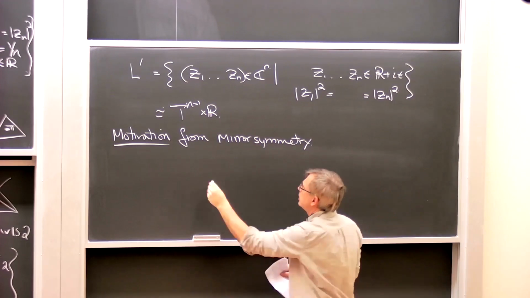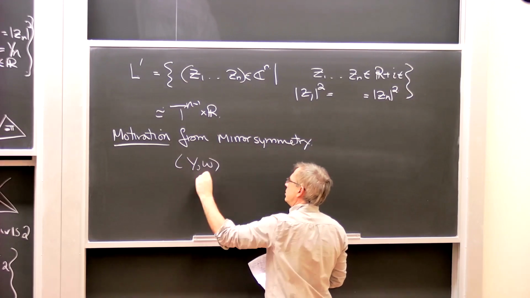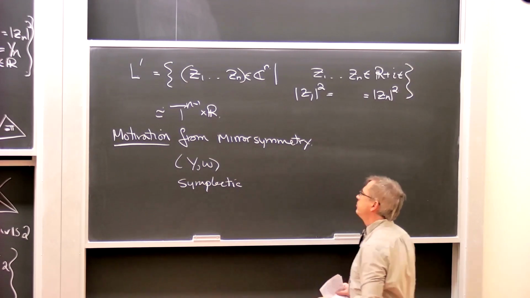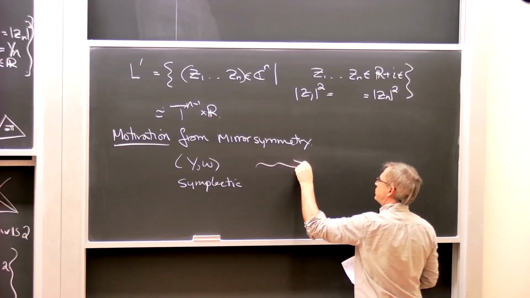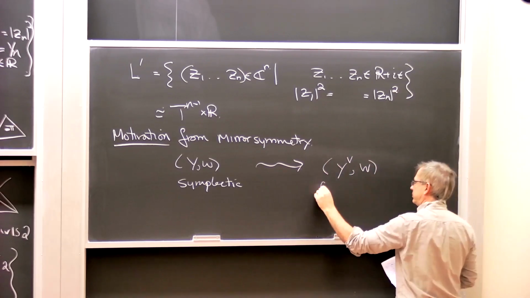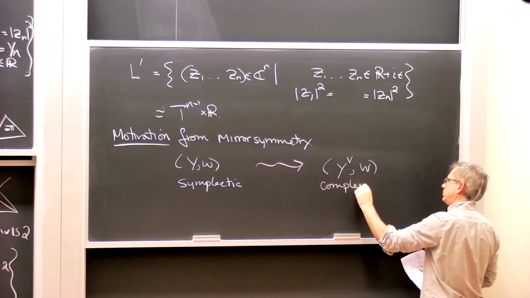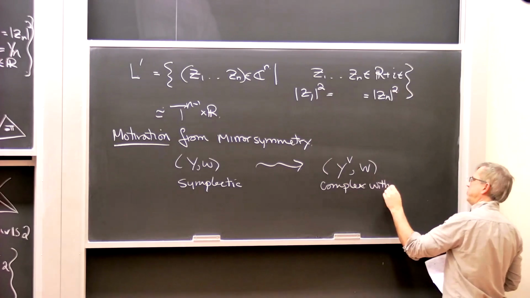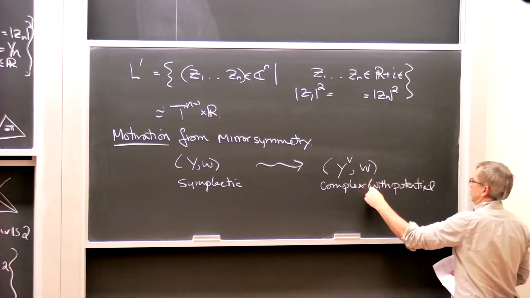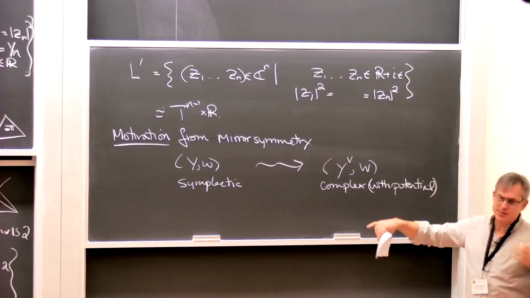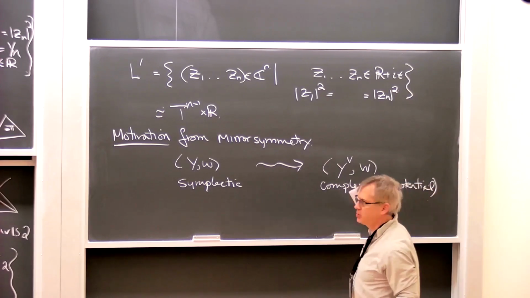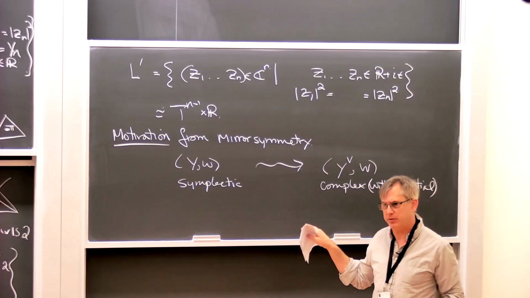So in mirror symmetry, if I have a symplectic manifold Y, it's supposed to be mirror to some complex manifold, or space with some potential W. So in the Calabi-Yau case, which is the case that most people focus on, this potential is just 0, and you just get a mere complex manifold.